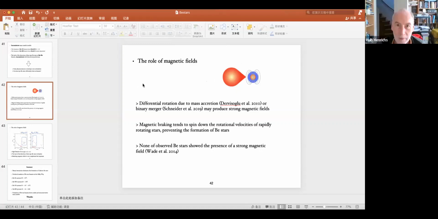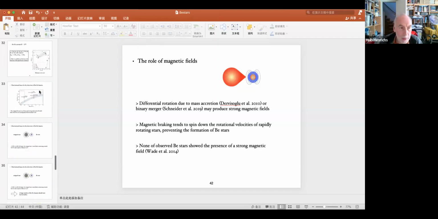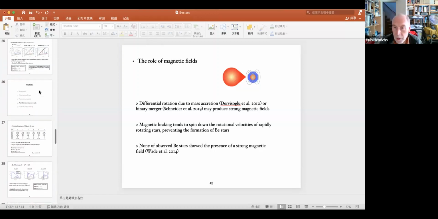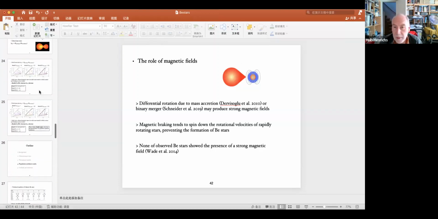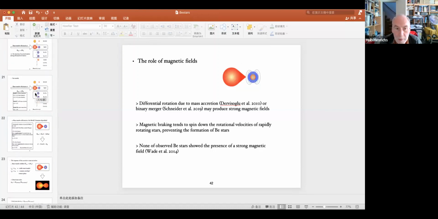Yeah, hello everyone. Thank you very much for this very nice talk. You had a very strong outline of how the rapid rotation of these stars comes about. But Be stars show this intermittent H-alpha emission, and that is not explained by its origin.